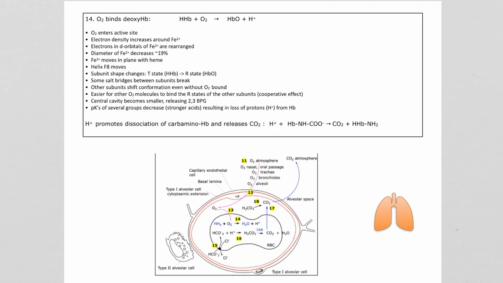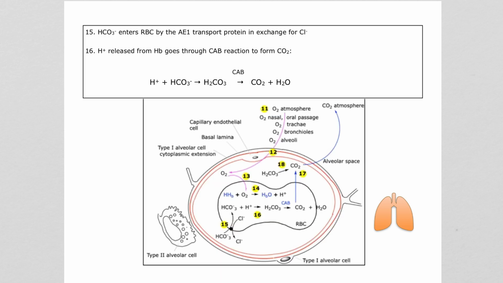So to summarize, in the lungs, when oxygen binds to hemoglobin, protons are released. Protons will help the dissociation of carbon dioxide from carbaminohemoglobin. So we get carbon dioxide produced here. In addition, the protons will react with bicarbonate, producing carbonic acid, which will then dissociate and give you more carbon dioxide.